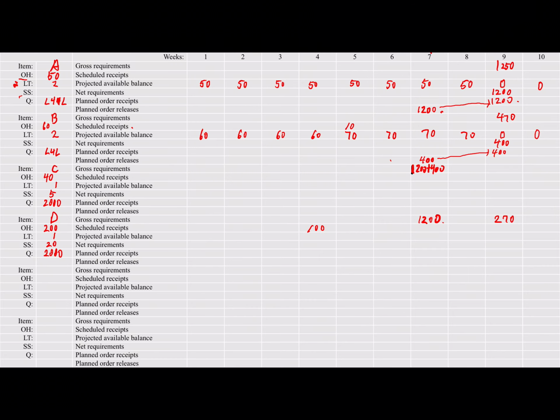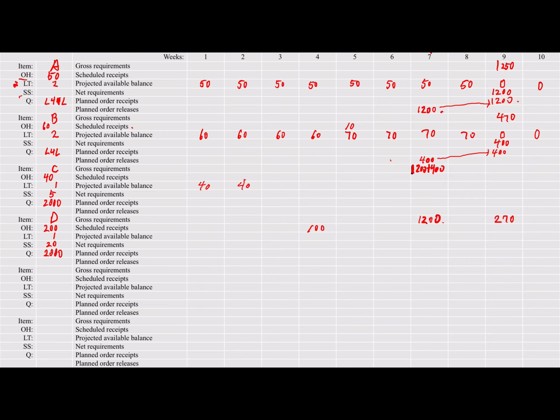Now let's look at C. For C, in week 1, because we have an on hand of 40 and there's no requirement, the projected available balance at the end of week 1 will be 40.